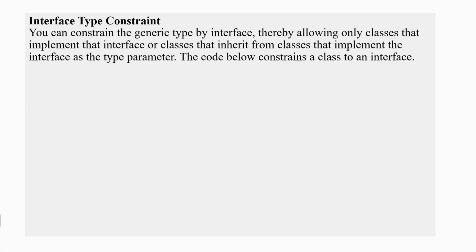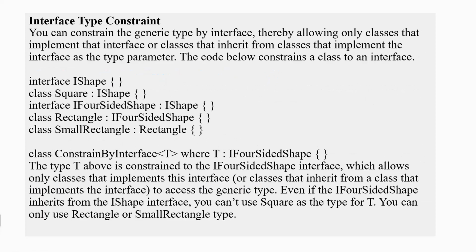Now interface type constraints, similarly you have got interface type constraints. So you can constrain the generic type by interface, thereby allowing only, because what is this constraint? Constraint is basically putting a where clause, like in the basic form. I mean it filters a class with these constraints.